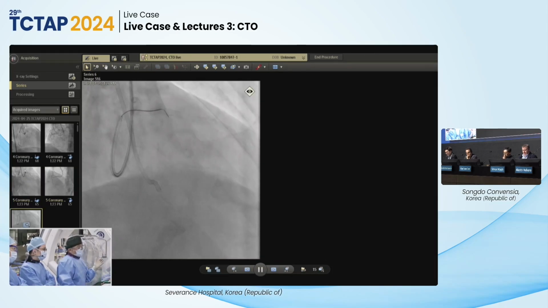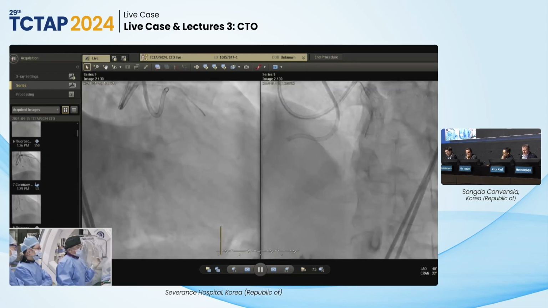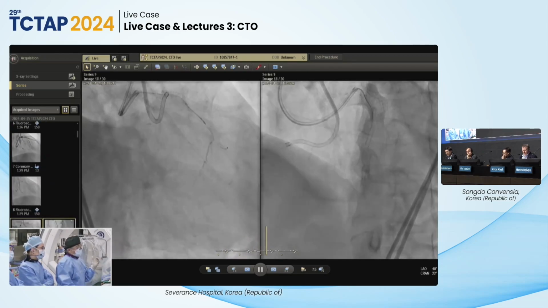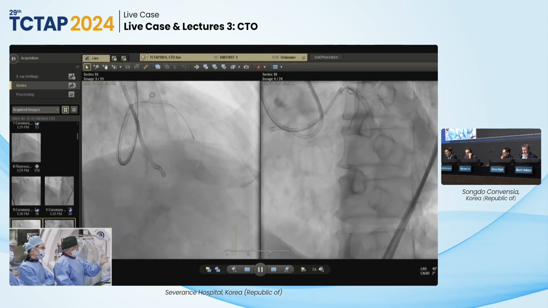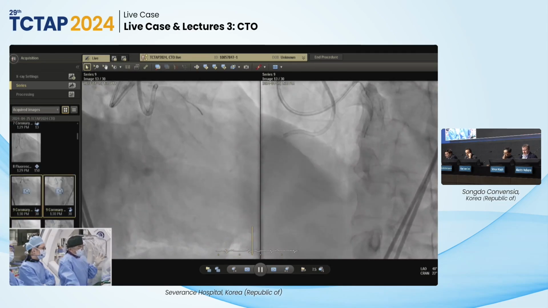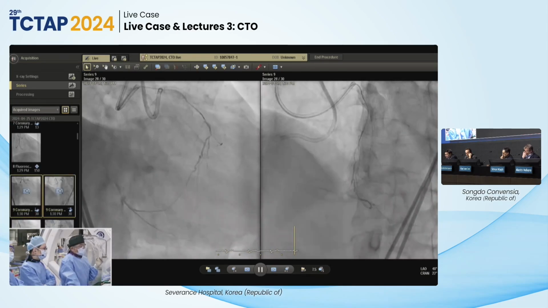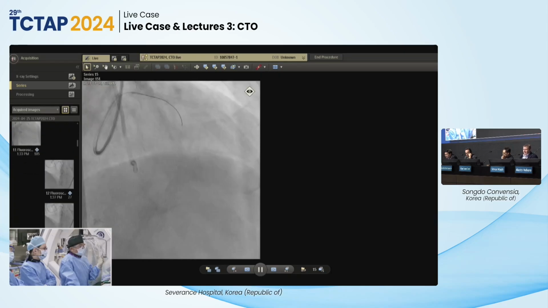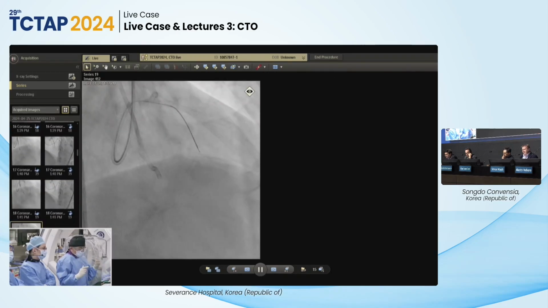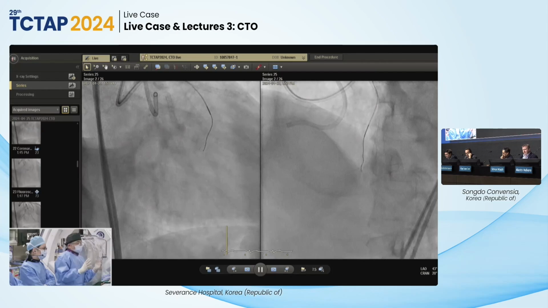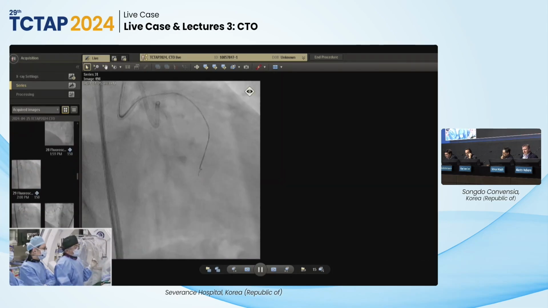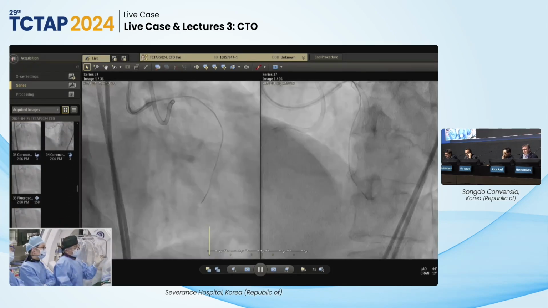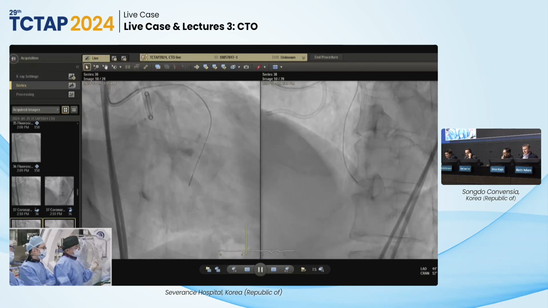So there would be some kind of hurdle anyway. If we fail the antegrade procedure, we quickly change to the retrograde approach. Some 2 bends were very severe. Next one.